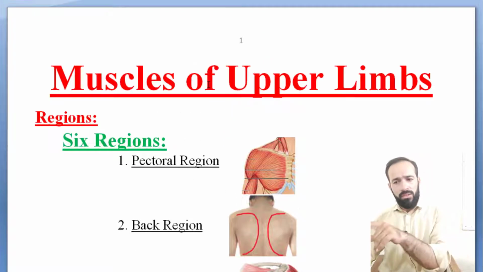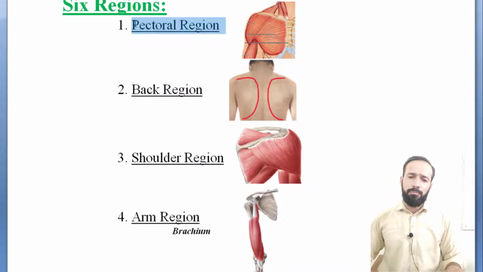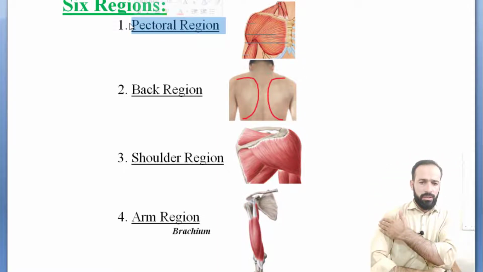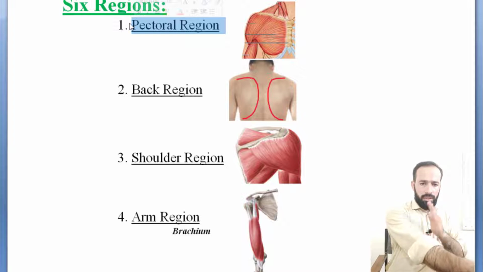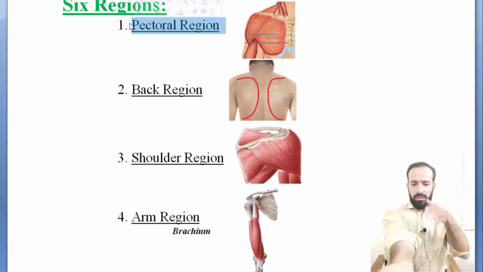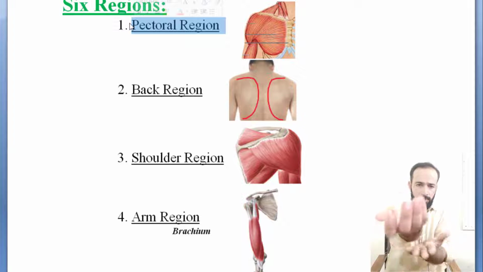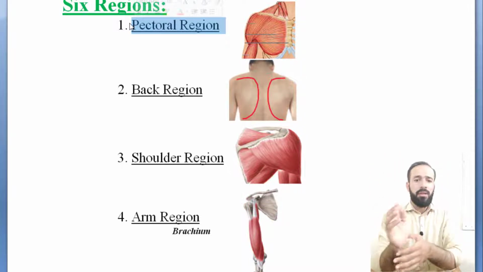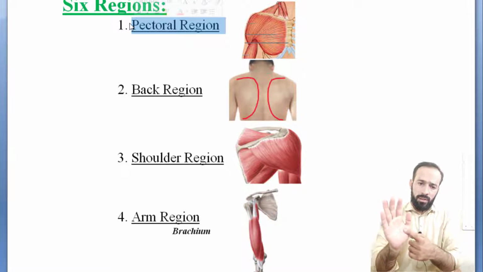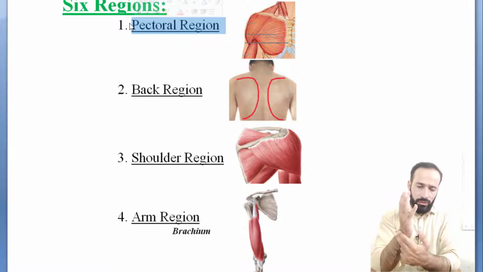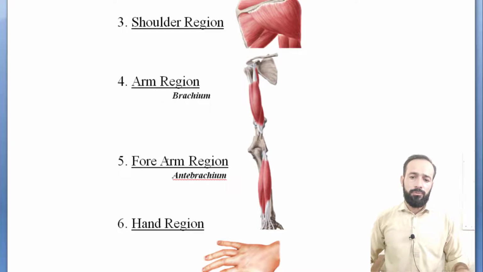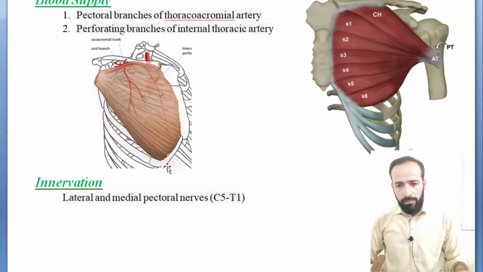Look, for the muscles of the upper limb, we have covered the muscles of the pectoral region, the back region, the shoulder region, the arm region, the anterior compartment and posterior compartment, the muscles of the forearm, the anterior and posterior compartments, the superficial and deep, and here also superficial and deep, and then the muscles of the hand: thenar region, hypothenar region, palmar interossei, dorsal interossei, and lumbricals, and done. We are finished with the muscles of the upper limb.